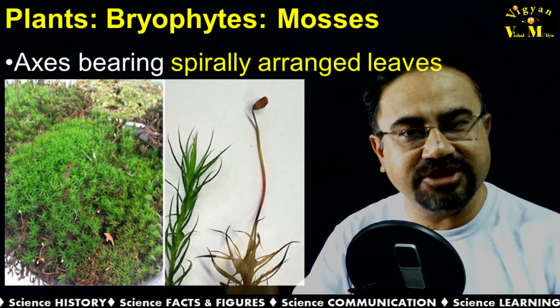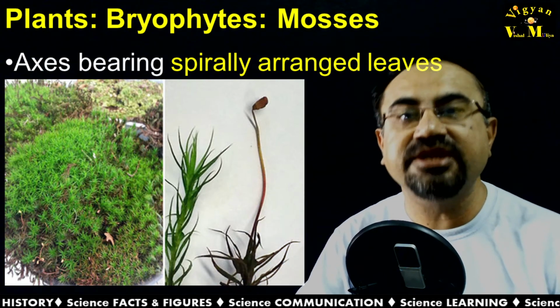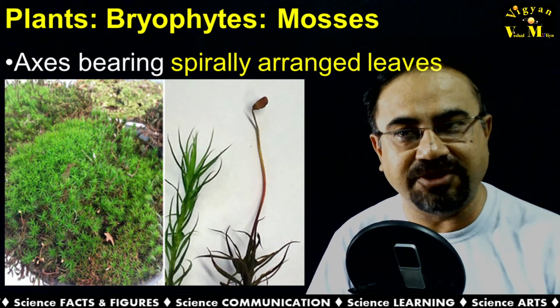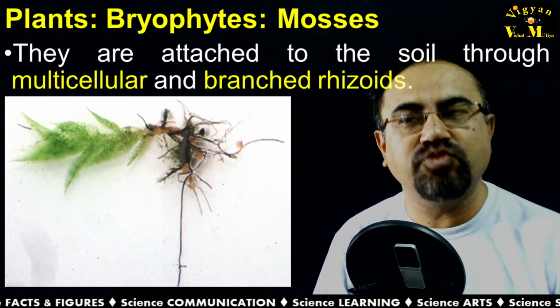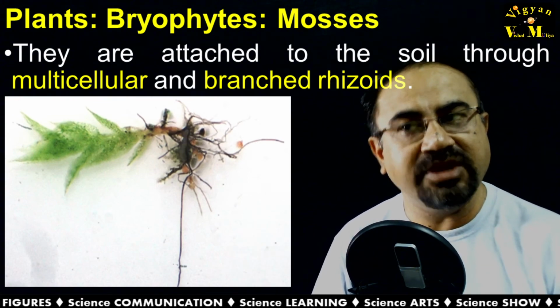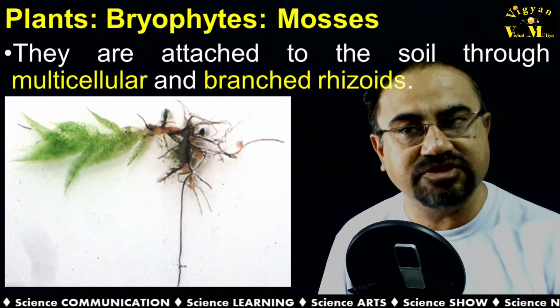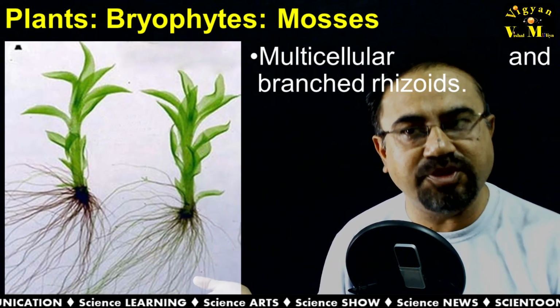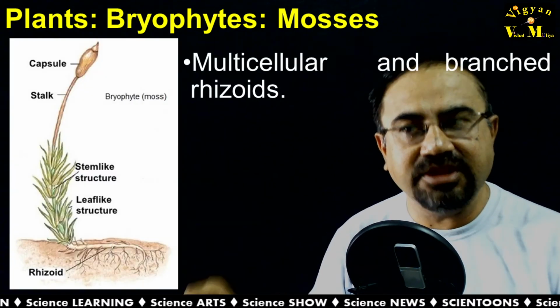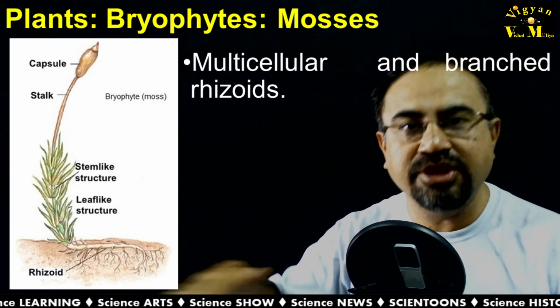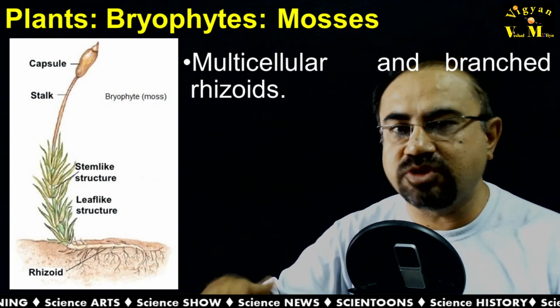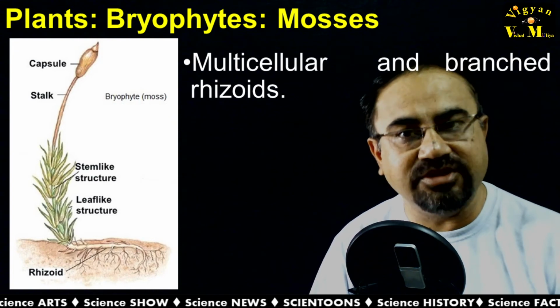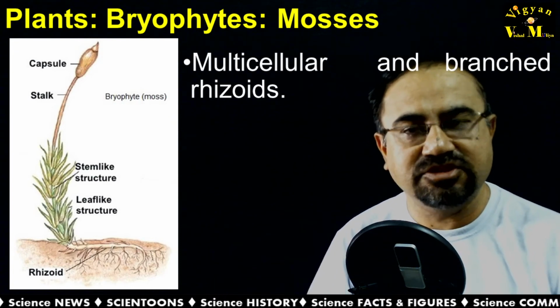According to the textbook it is leaves, but it is not leaves, it is a leaf-like structure. They are attached to the soil through multicellular and branched rhizoids, you can see here, and here you can see much more in detail. And in the diagram you can see how the rhizoids are present below in the soil and holding the entire plant.